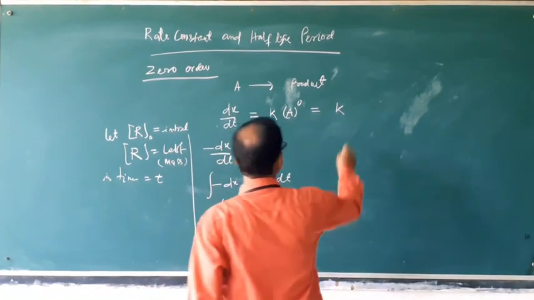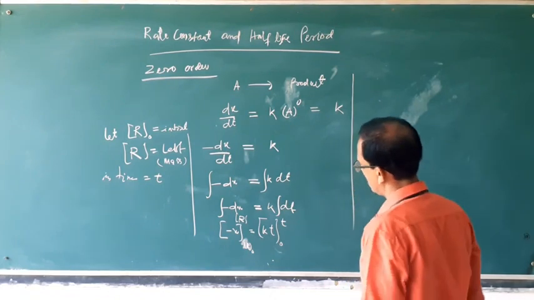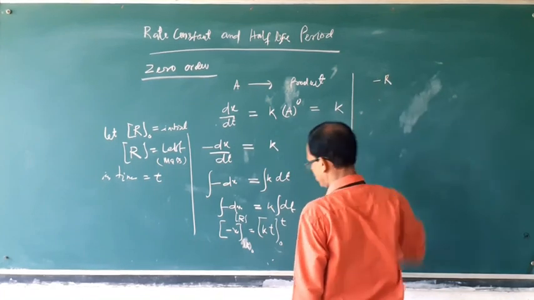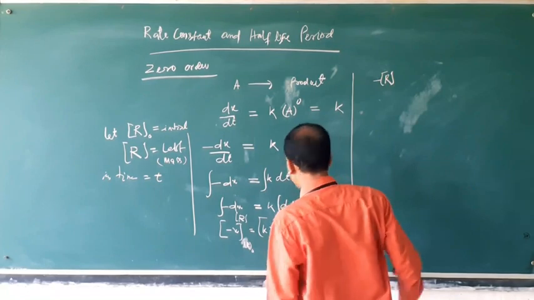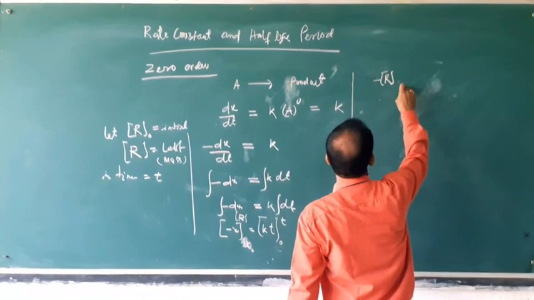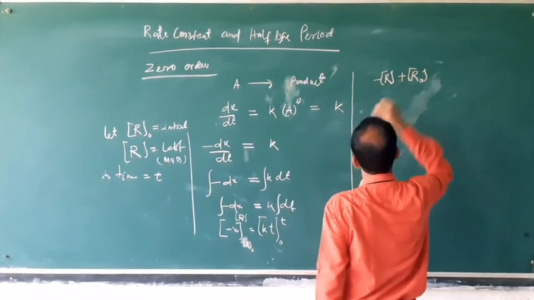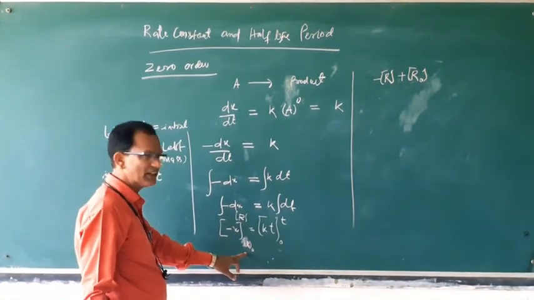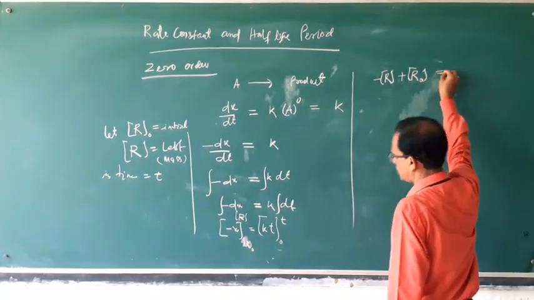Then this equation will be, higher value minus lower value, minus R plus R0 equal to kt.